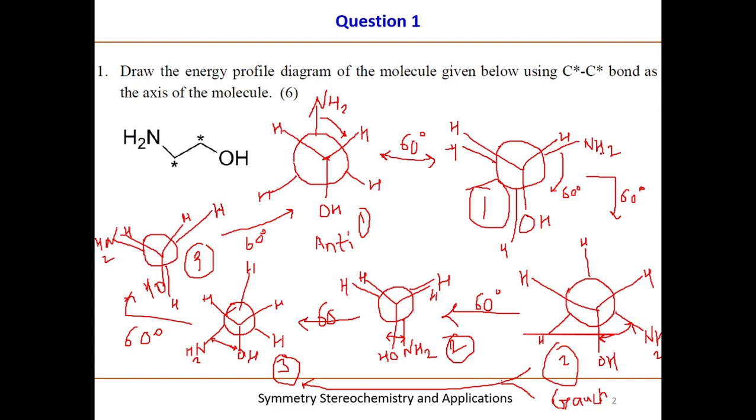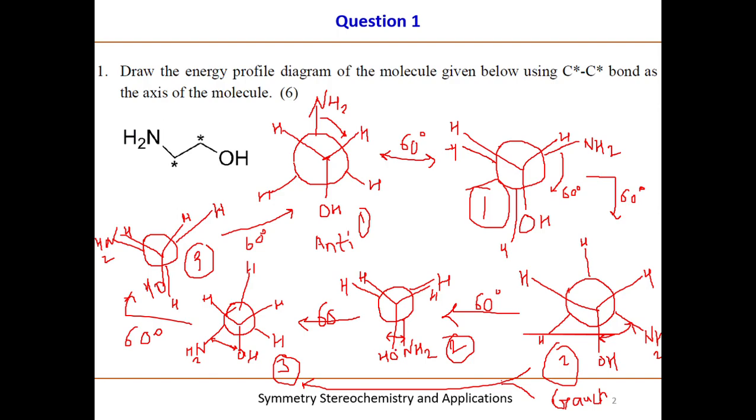So you can see here hydrogen and NH2 are in the same plane, and they have bond pair repulsion, and the energy will become higher compared to the anti one. So this molecule has higher energy, but if we compare to the other eclipsed form, we will see here the hydroxy and amine groups are one above the other.